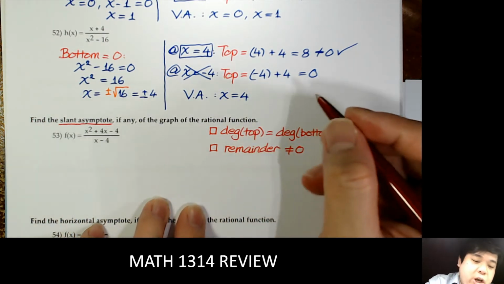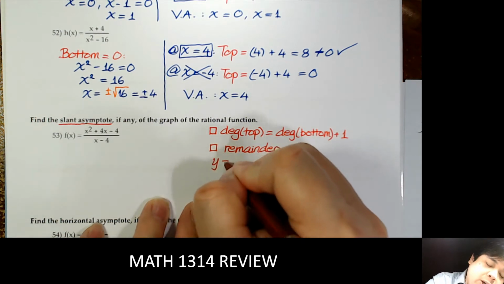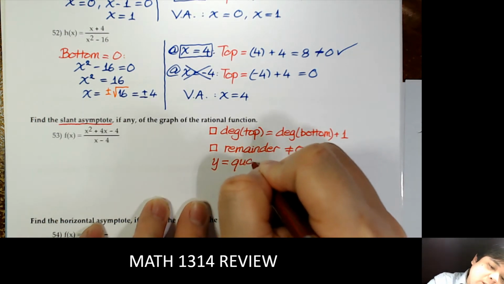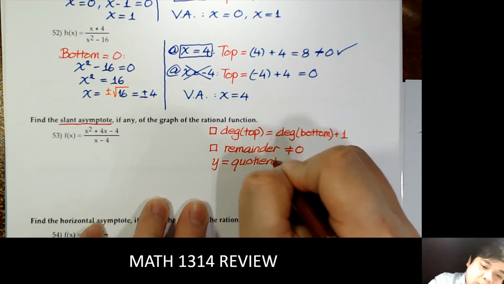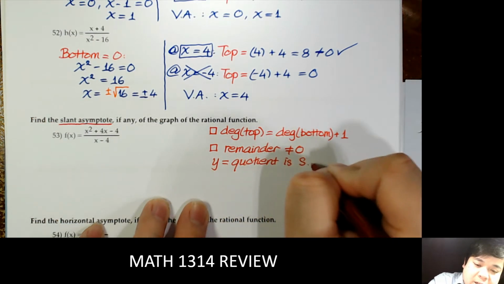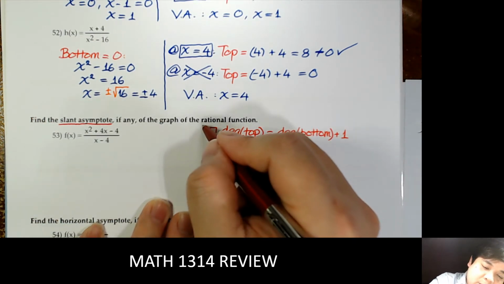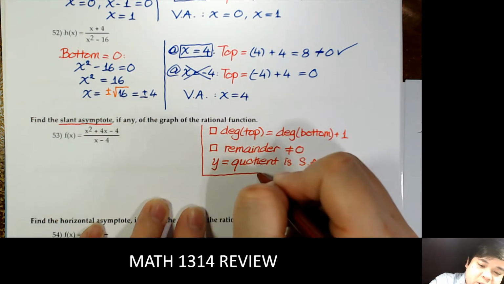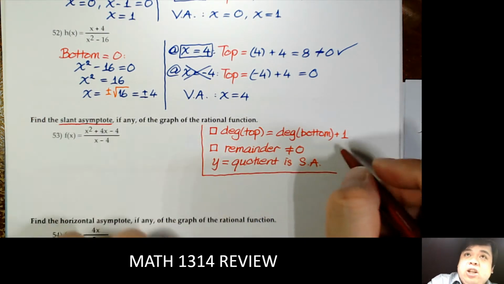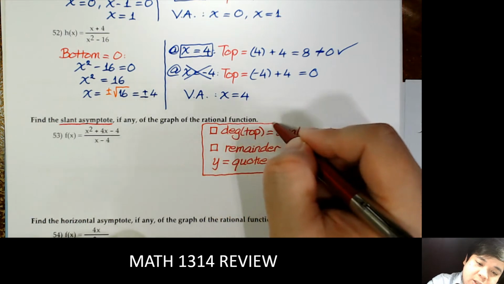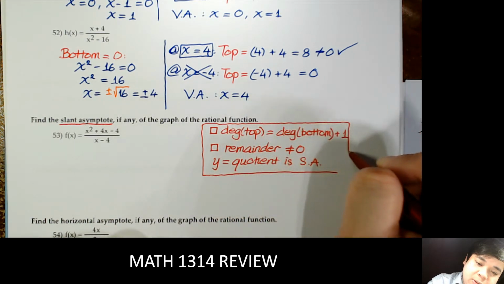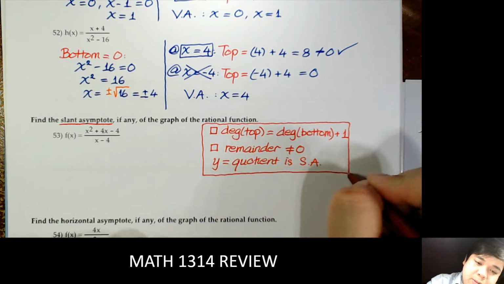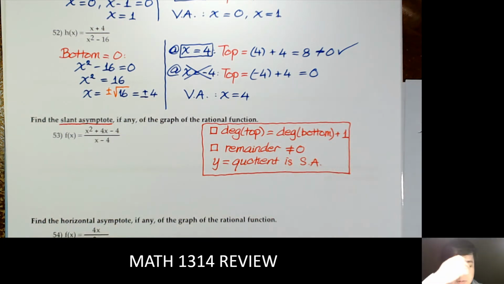When these two are checked, y equals the quotient is the slant asymptote. So for the slant asymptote, we need to check these two things. Right.